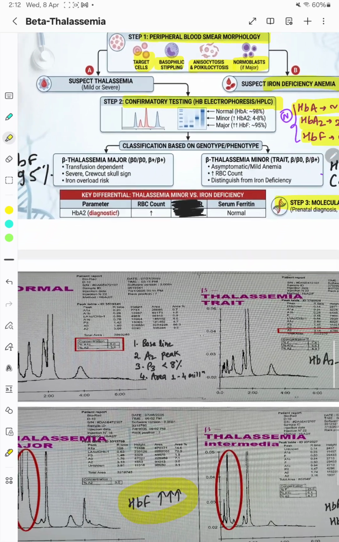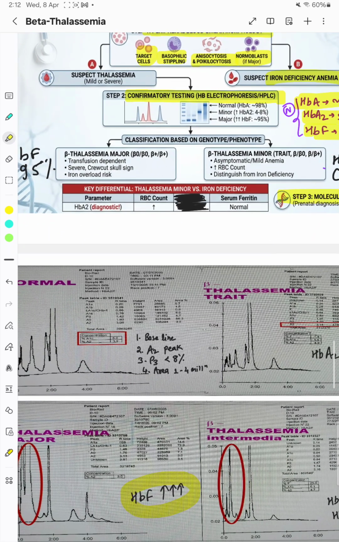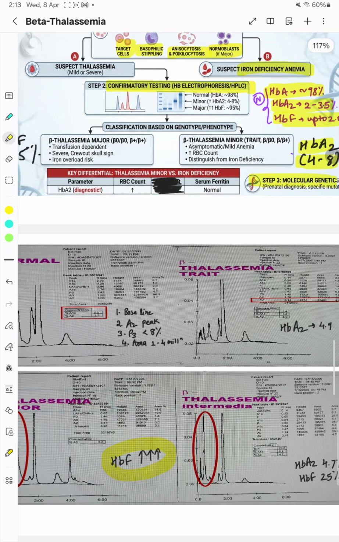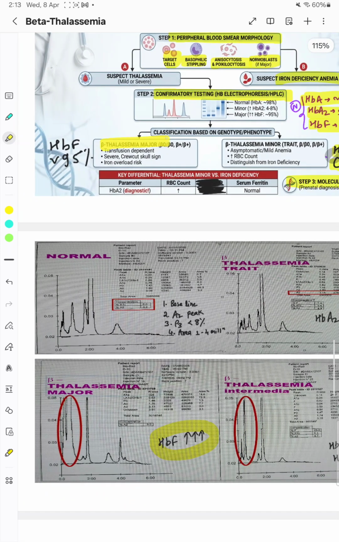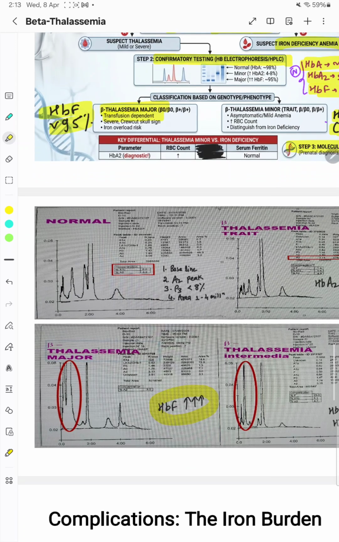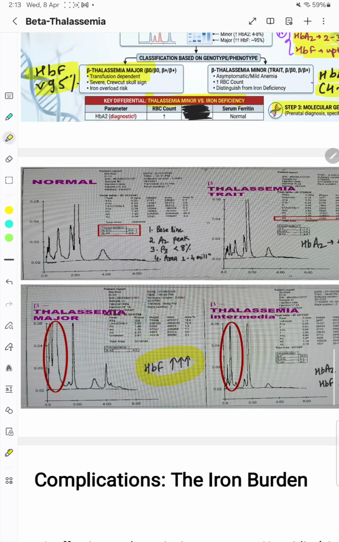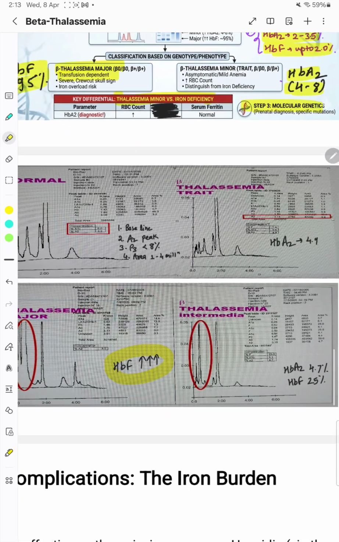But in beta thalassemia minor, HbA2 is between 4 to 8%, and in beta thalassemia major, which has more severe clinical symptoms and where the patient is transfusion dependent, HbF is around 95% in the HPLC graph. The difference between thalassemia minor and iron deficiency we will discuss later.